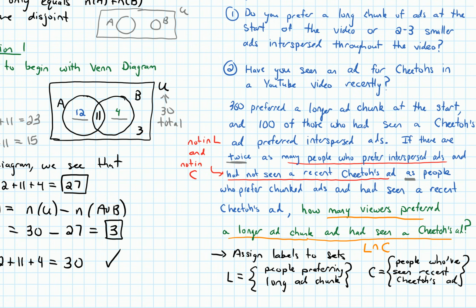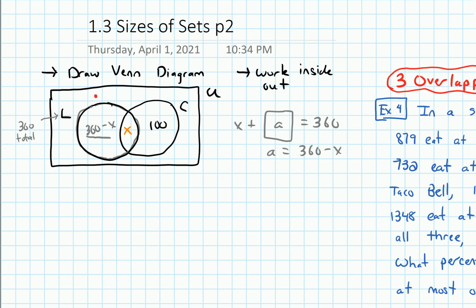The question is saying there's twice as many people in that red region outside of both circles as there are people who prefer chunked ads and had seen a recent Cheetos ad. Well, what section is that? People who prefer chunked ads and had seen a recent Cheetos ad. Well, that is in the intersection. You're in L and you're in C. So in my picture, that is in this region.